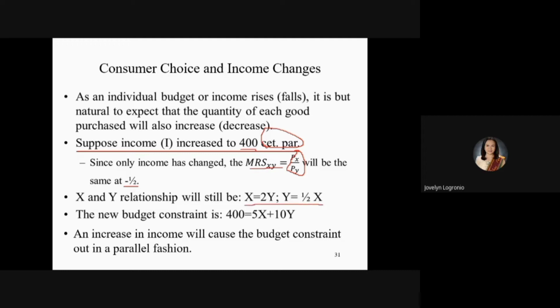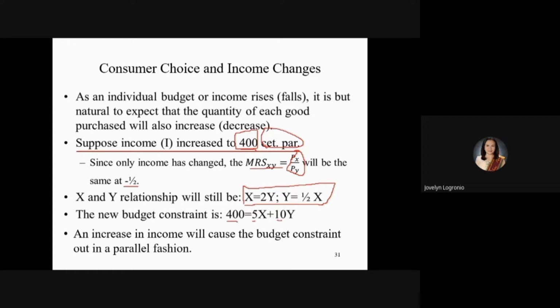So, you can actually solve on your own. This time, instead of 200, the income is now 400. Then, solve for the equation for X and Y. The new budget equation is now 400 is equal to 5X plus 10Y.